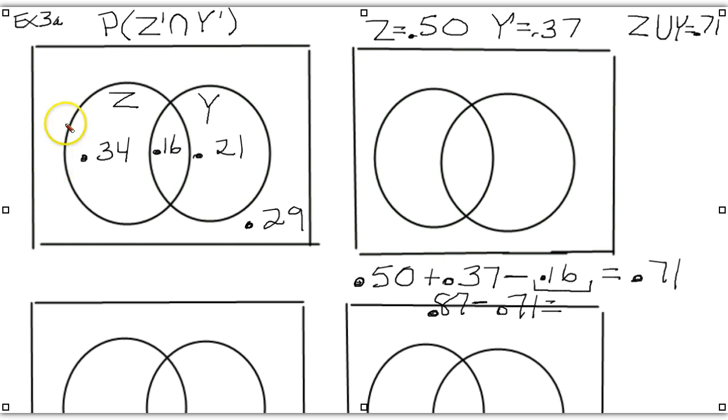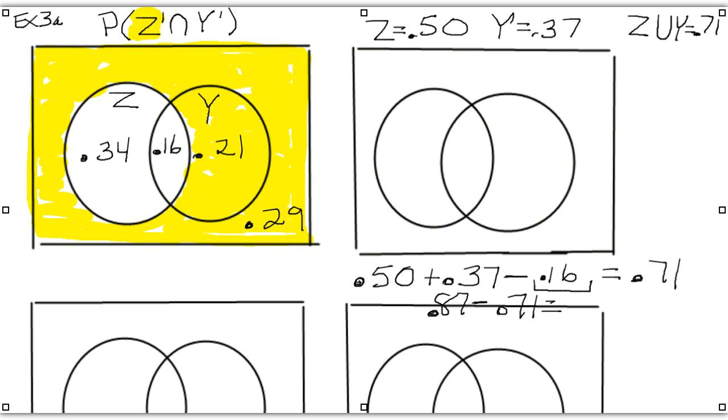So let's just do this one again. We're going to do Z complement, and we'll do that in yellow. So I think we can all agree that this is, in yellow, Z complement. Z is not there. Everything outside of Z is Z complement.